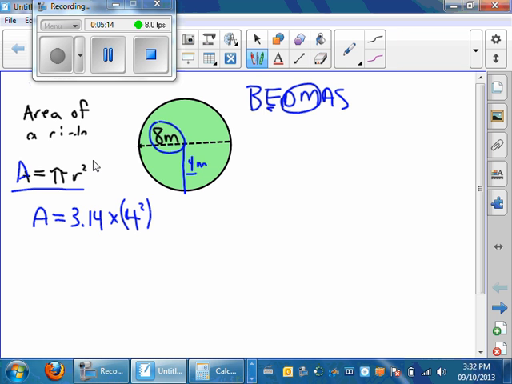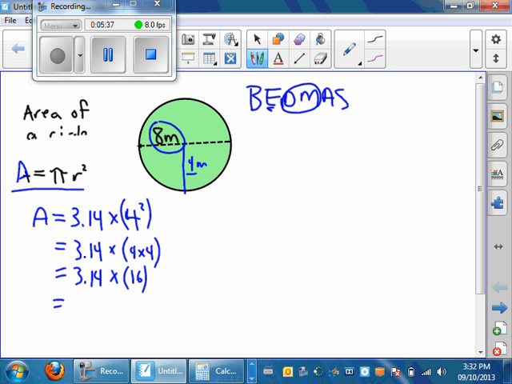So let's actually draw that out so you can see it. So it's going to be 3.14 times 4 times 4. And this is going to be 3.14 times 16. And now we just have to multiply this out. And you know what we can do?